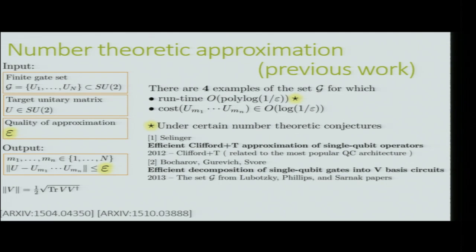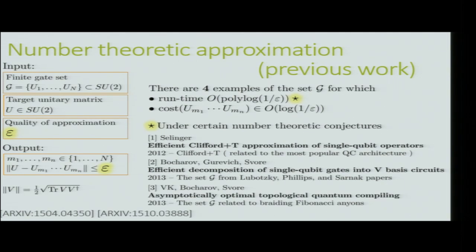I also worked on another set G related to braiding Fibonacci anyons. Fibonacci anyons are another branch of how people might try to build fault-tolerant quantum computers, using topological effects. So these are three examples, and there are a couple more papers from 2014 to 2015 on these topics.